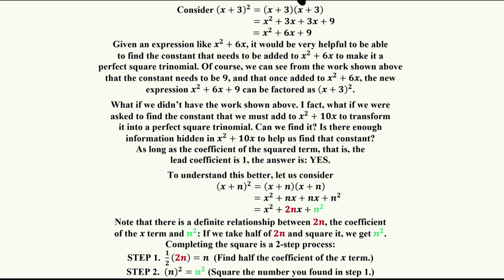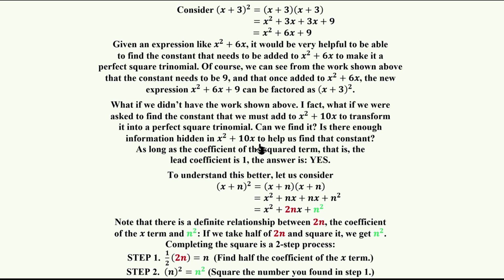If we multiply it out like we did up here, we'll end up with x squared plus 2nx plus n squared. Now, if we look carefully, we'll see that there is a nice relationship between 2n and n squared. It turns out if you take half of 2n, you end up with n, and then of course if you square that, you'll get the n squared that is required to turn x squared plus 2nx into a perfect square trinomial. So that is the method we're going to use on an expression like this as well.